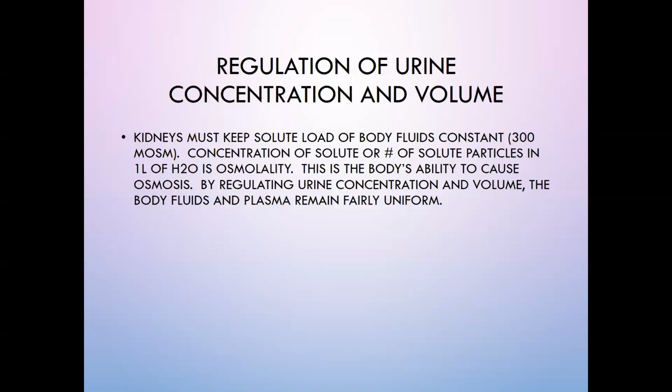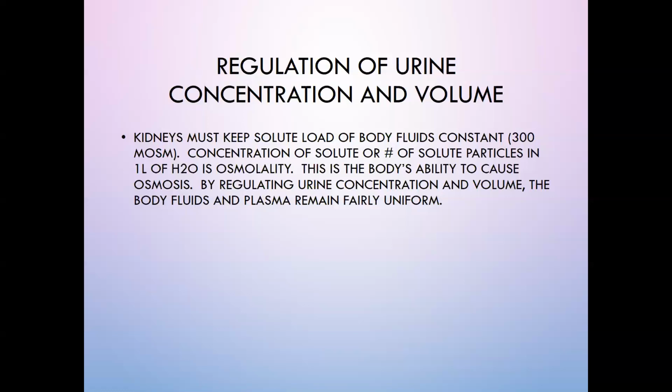And so we need to make sure that everything stays at 300 milliosmoles, because that's how we determine where fluid is going to go in the body. By changing the osmolality of a particular substance or a particular fluid compartment, we can get water to move from that fluid compartment to another one or into that fluid compartment.